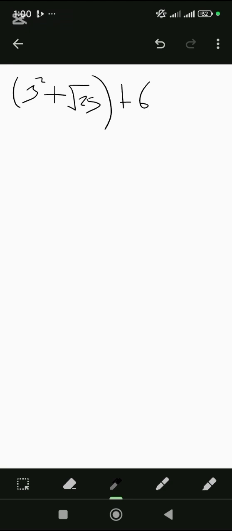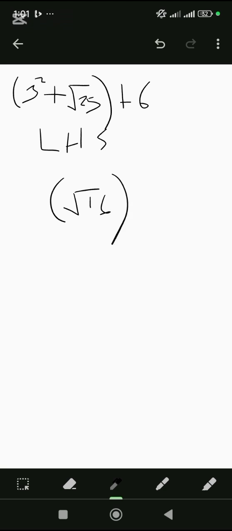Say we have open bracket 3 square plus square root of 25 plus 6 on our left hand side, and we have square root of 16 square times 2 on our right hand side.